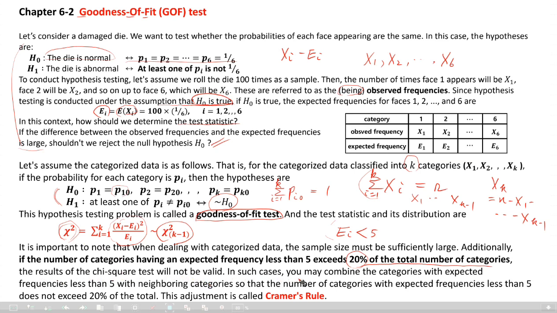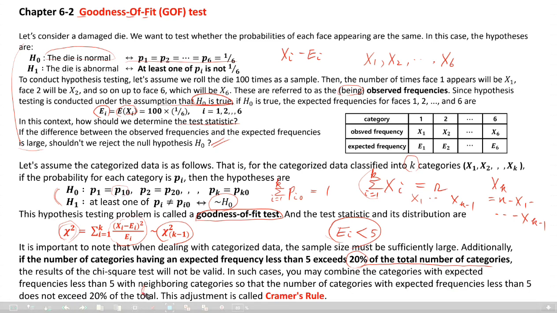In such cases, you may combine the categories with expected frequencies less than 5 with neighboring categories, so that the number of categories with expected frequencies less than 5 does not exceed 20% of the total.